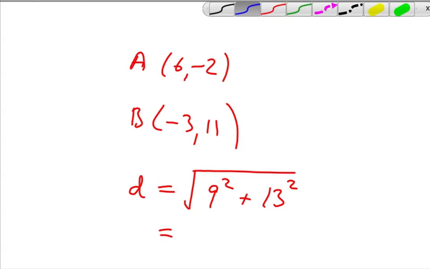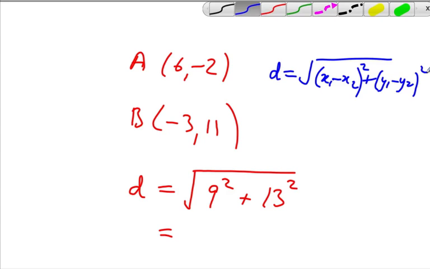What I want you to do is to solve these problems in two ways. If you're just given a couple of points and told, work out the distance, okay, then just chuck it into the formula. D equals square root of x1 minus x2, in other words, the difference of the x's squared and the difference of the y's squared.